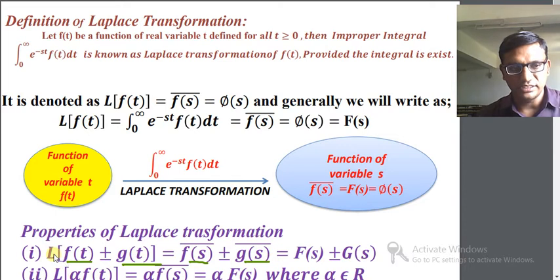So finally we can say that Laplace of f(t) plus or minus g(t) is f bar s plus or minus g bar s. Now Laplace of alpha times f(t), where alpha is any real scalar, is alpha times Laplace of f(t), that is alpha times f bar s. That is our linear property for the Laplace transformation.